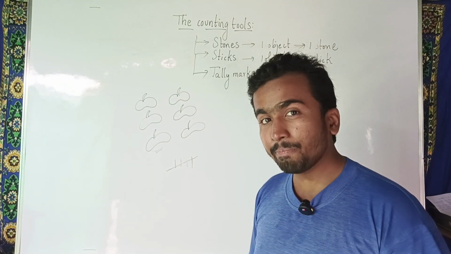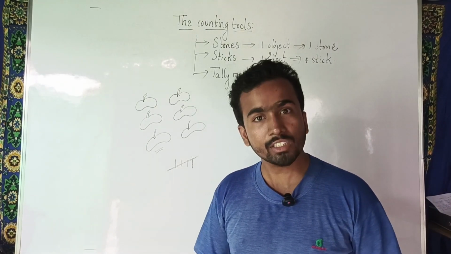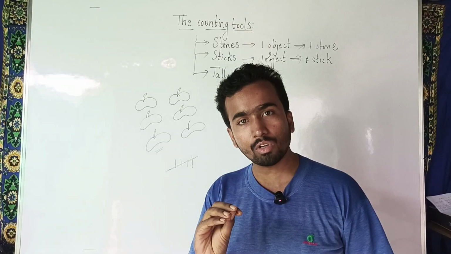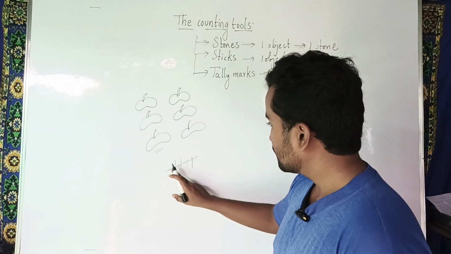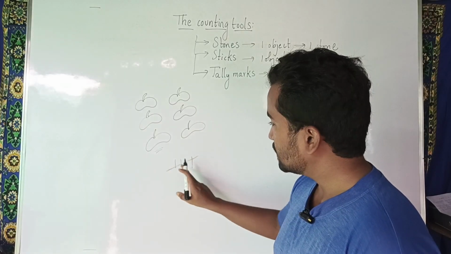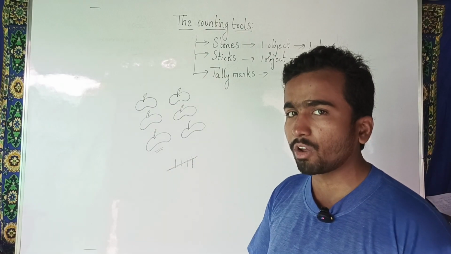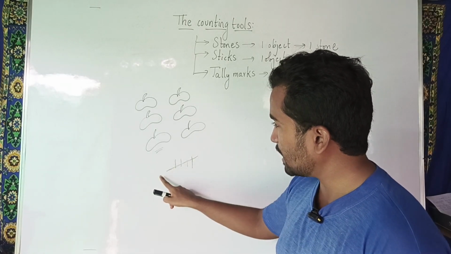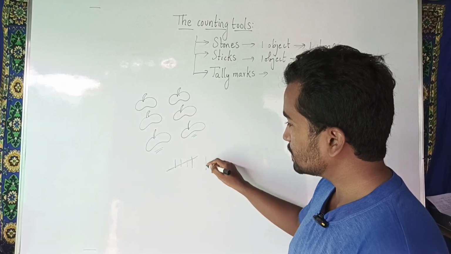Why? The answer lies in the biological structure of our hand. The maximum count of fingers on a single hand is 5, right? That's why, as a connection to the biological format of our hand, it is considered that one, two, three, four, and the fifth apple gets a single cross, and then again another line.